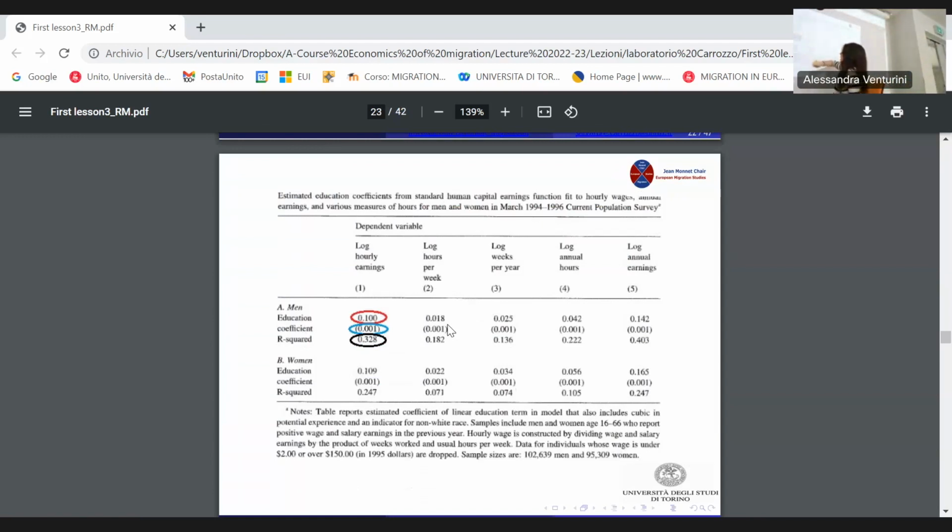The error is the same, and R squared is lower. In this case, our variable explains in a better way the male early wage with respect to women.